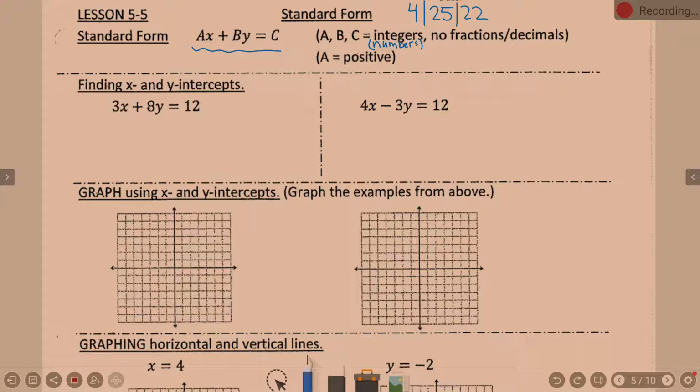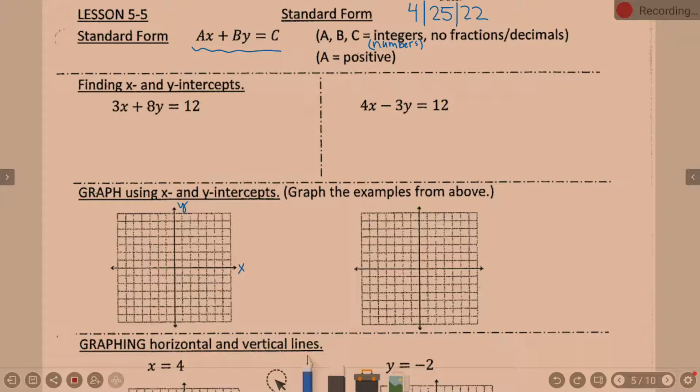Now, when our graph crosses the x-axis or y-axis, there's one number that's always involved. 0, right? If you're on the x-axis, y has to be 0 because we don't go up and down. If you're on the y-axis, then x is 0 because you don't go left or right.